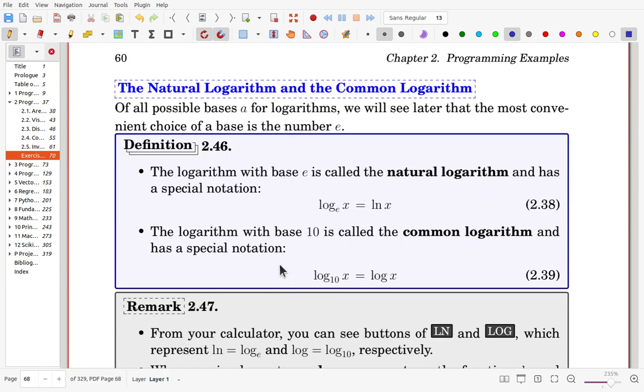Here, natural logarithm and common logarithm. The logarithm with base e is called the natural logarithm, and for log base e of x, we write ln x.